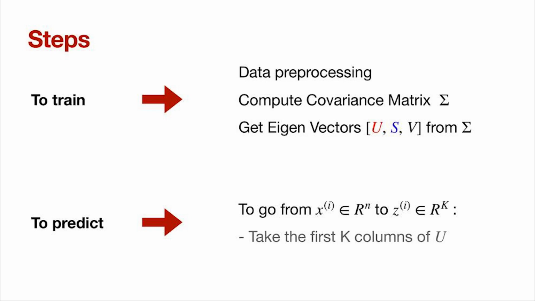Now what do you do? When you compute these eigenvectors, you take the first k columns of u. That's all. That's your new training example. It has the information, but it has only k features. The earlier one had n features.